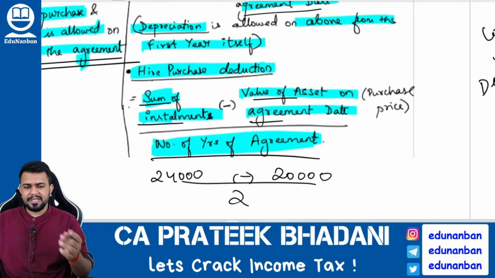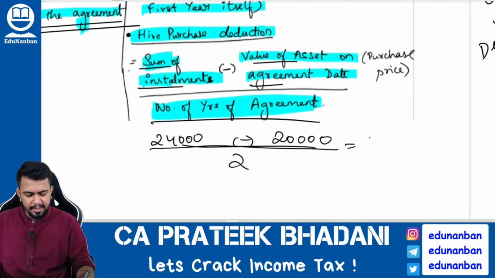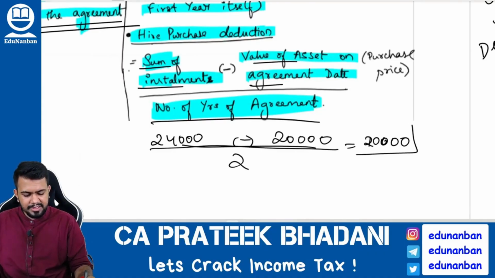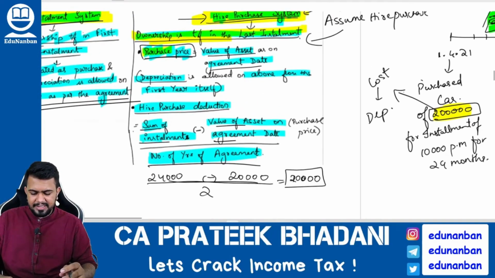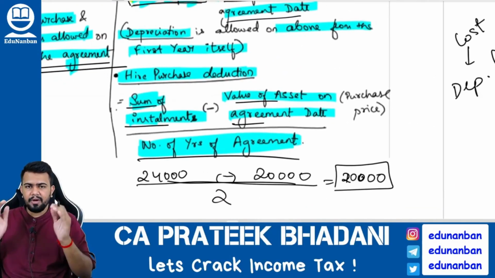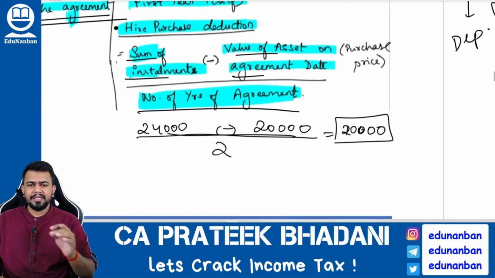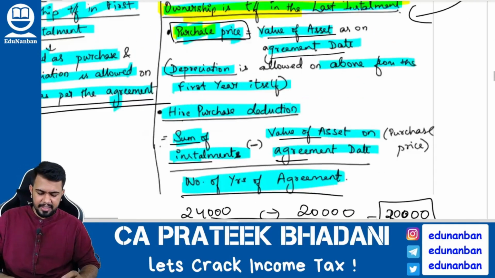So for 2 years, if a hire purchase is done, take the number of years. So you will get the amount, that is 20,000. 20,000 is the value of hire purchase deduction. You get my point? So very simple. What is hire purchase deduction? Sum of installments minus value of asset as on agreement date divided by number of years of agreement.